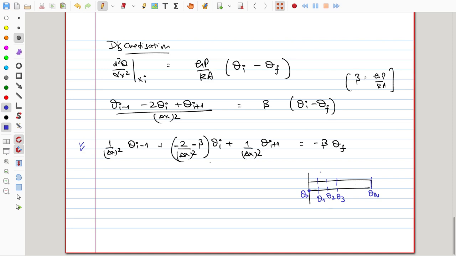The interior points go from theta 1 all the way to theta n minus 1. Theta naught and theta n are boundary points. So we have a total of n minus 1 equations, and two boundary conditions, so that makes it n plus 1 conditions. So n plus 1 unknowns, n plus 1 conditions, we should be able to solve it.